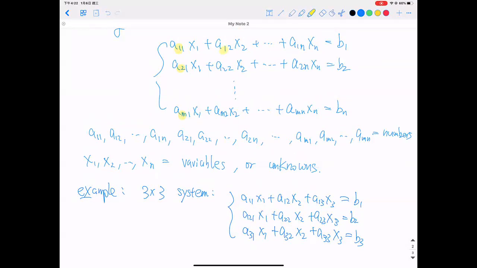Likewise, the 2 here means it's in the second equation. The m here means it's in the mth equation. Now, the second index indicates which variable it's attached to in the particular equation. So this second one here indicates the variable is x1. This indicates it's attached to x2, and similarly here and there. Okay.